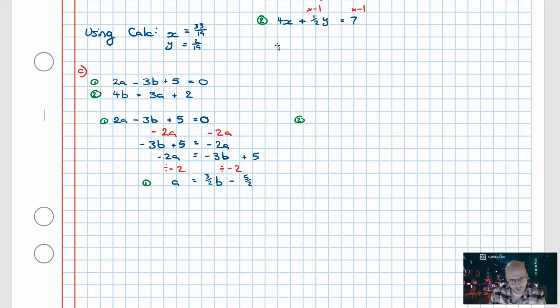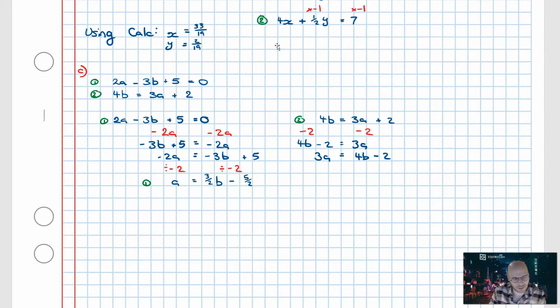For equation 2, we're going to go 4b equals 3a plus 2. We need to move 2 to the left-hand side. This will give us 4b minus 2 equals 3a. Spinning it around, 3a equals 4b minus 2.